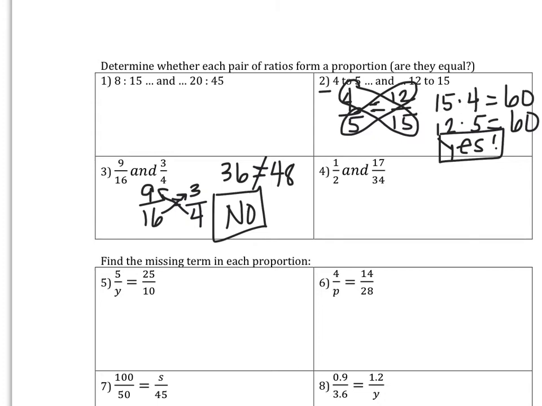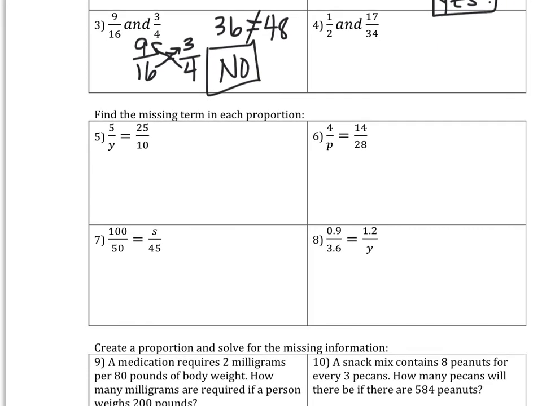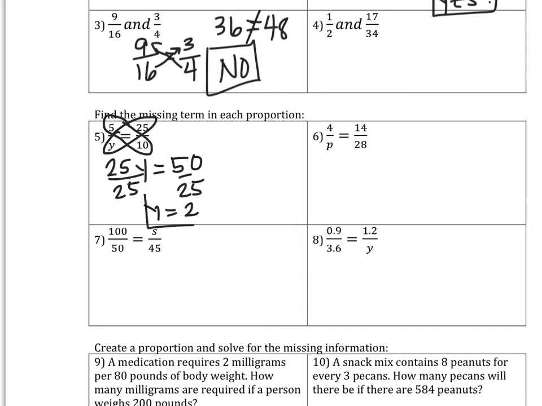Okay, let's take a look at number 5, and let's find the missing value. Again, we're going to cross multiply, and we have 25y equals 50. Divide both sides by 25, and we get y equals 2. So the missing value is 2.